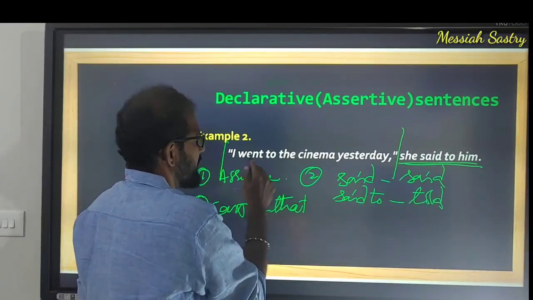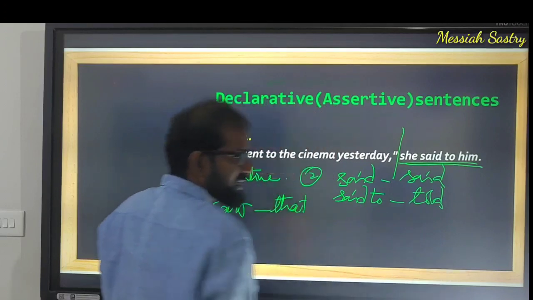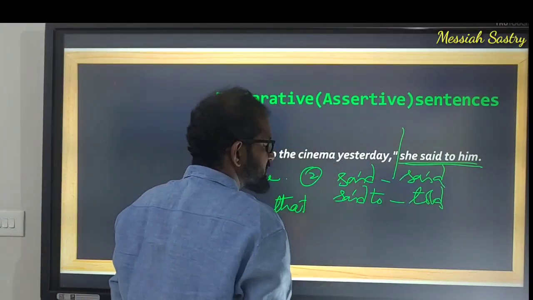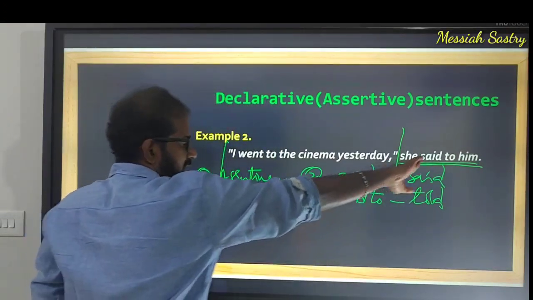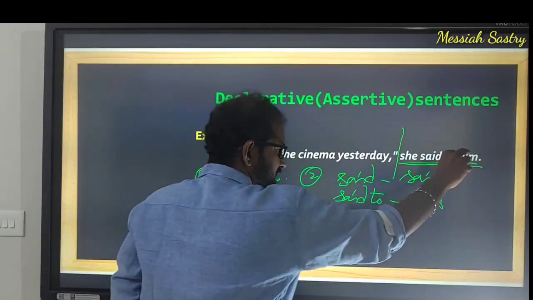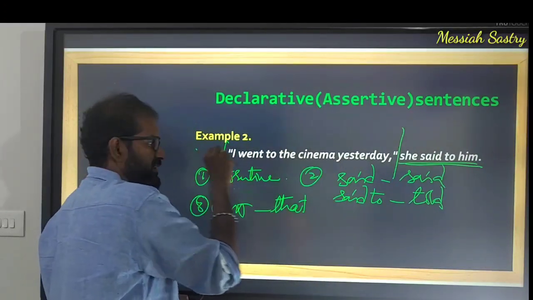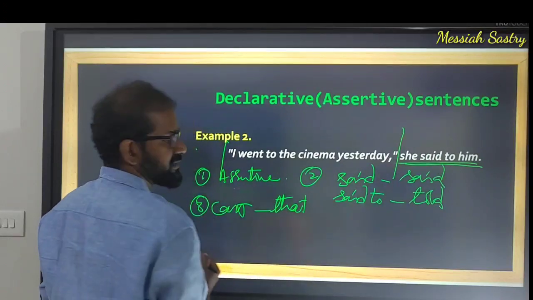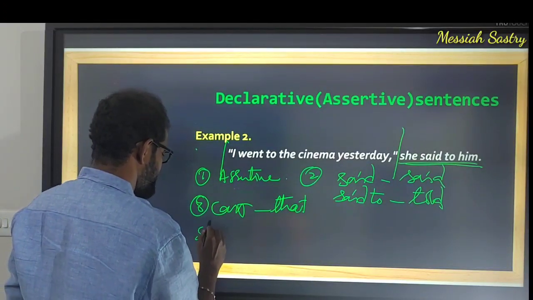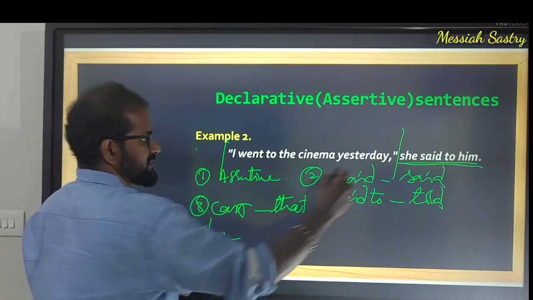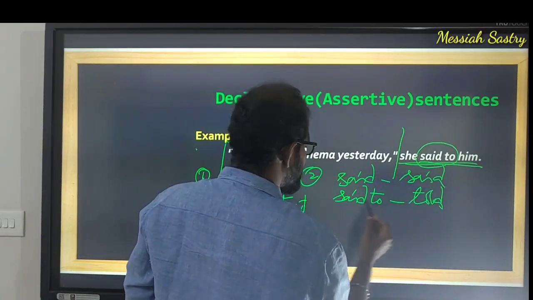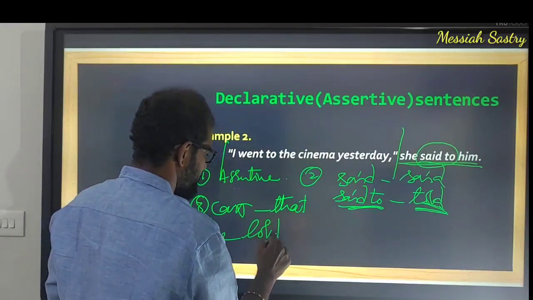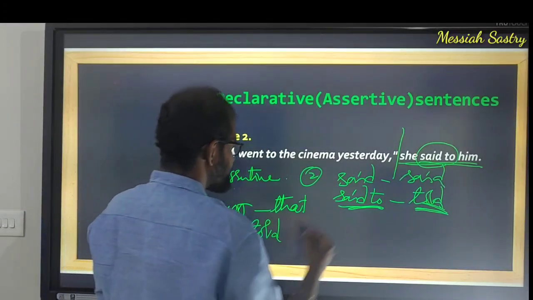But when it comes to indirect speech, while changing direct to indirect, indirect speech always begins with the reporting clause, whether this reporting clause is at the end, middle, or in the beginning. So she said to, changes to told. She told him.